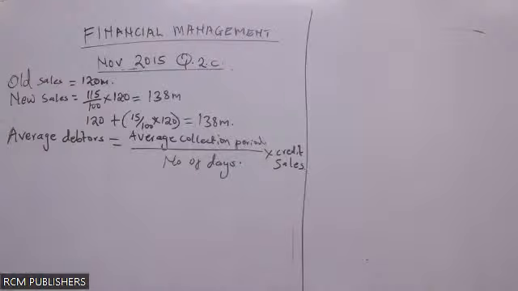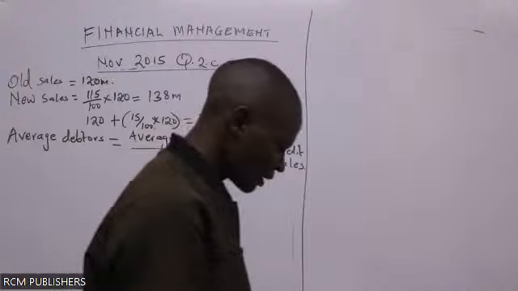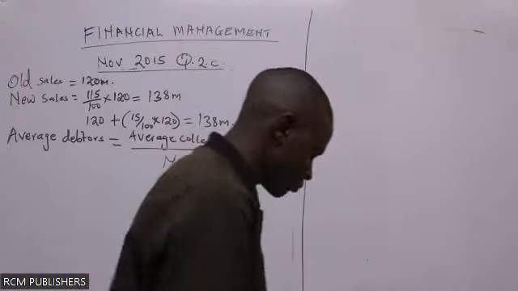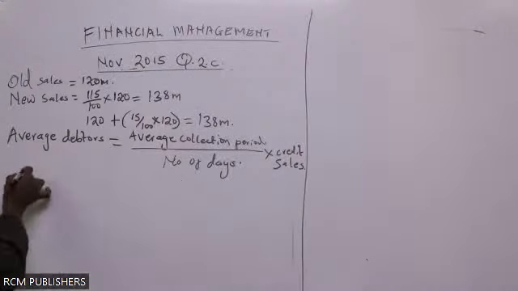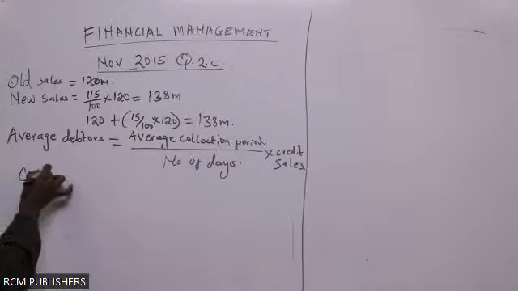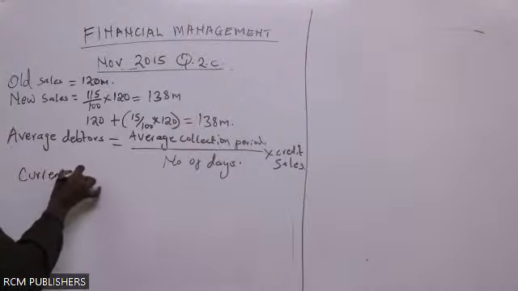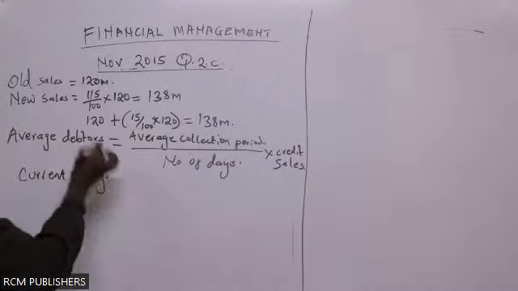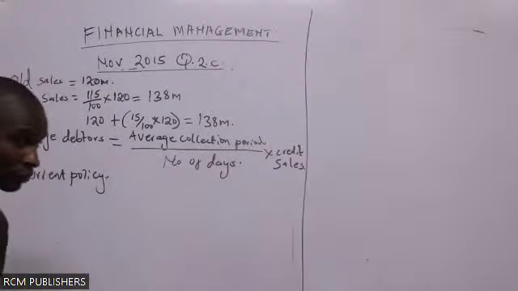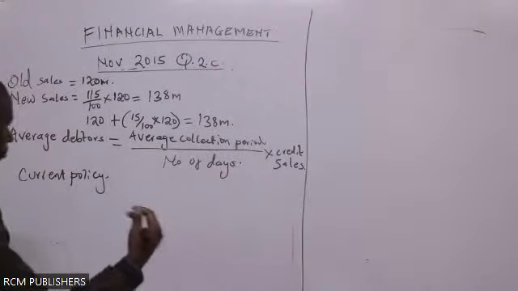I've been given the correction period. Angalia tu. Let's start with the current policy. Correction period ilikuwa gani? Average correction period ilikuwa ngapi? 45. So we have been given.